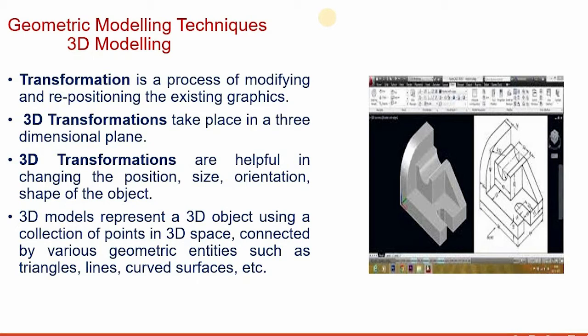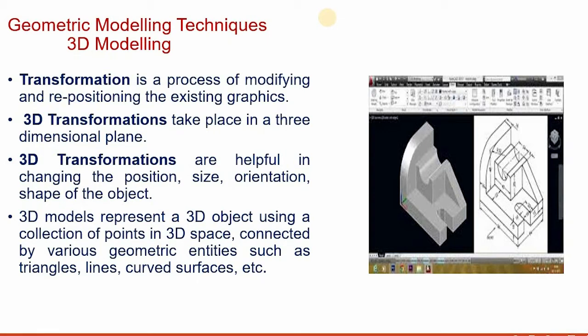This process is called transformation. In 3D transformation, the process takes place in three-dimensional planes. The three-dimensional object or plane can be repositioned, scaled or rotated through the existing plane. This is called 3D transformation.